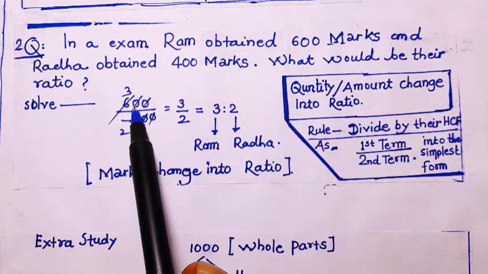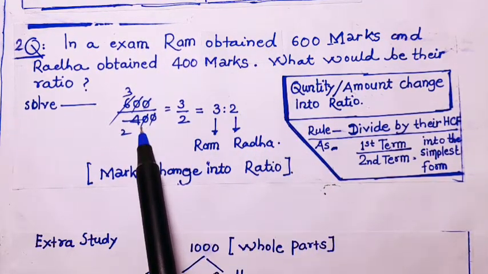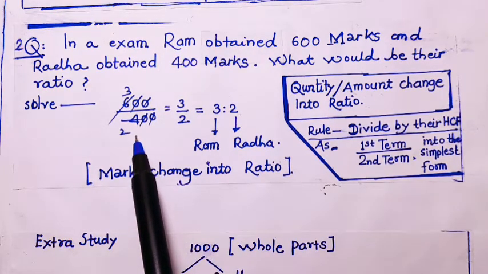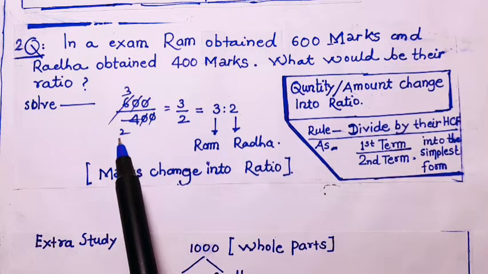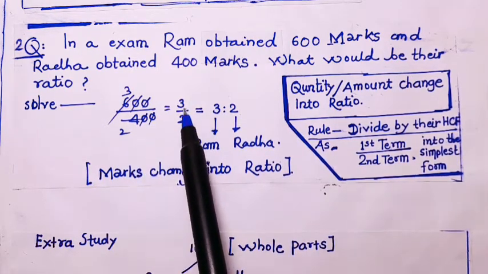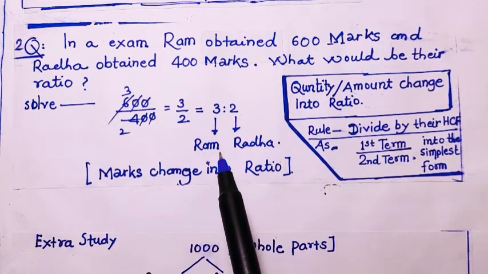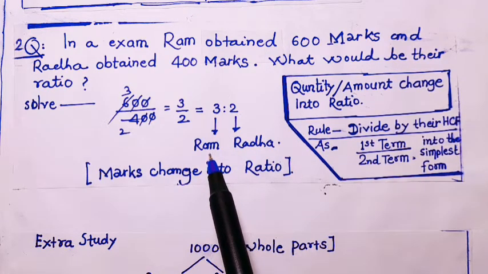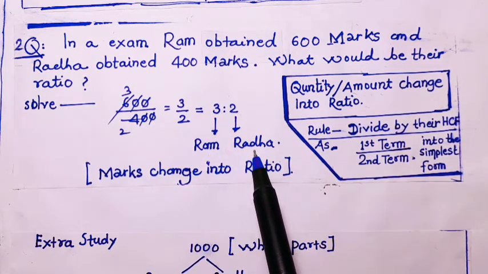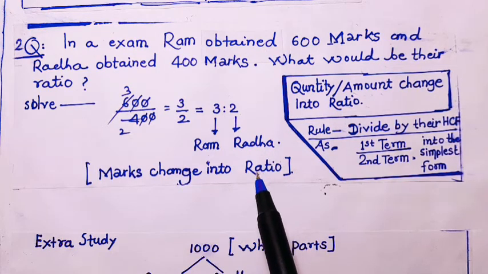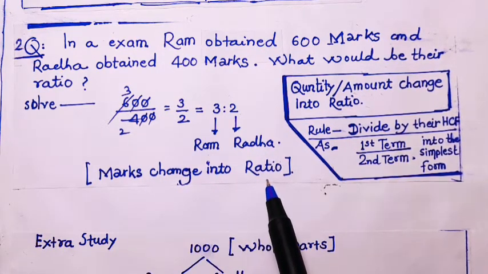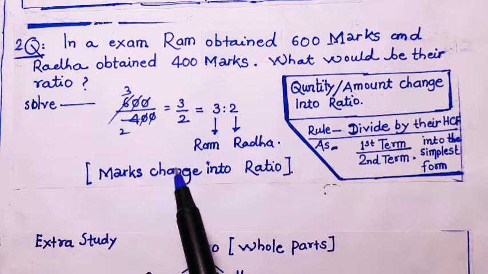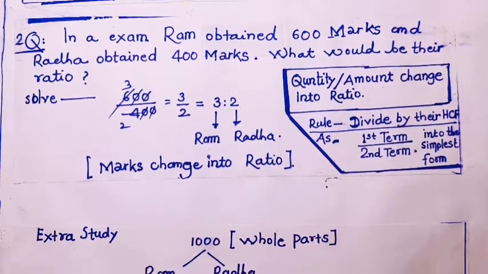So 600 Ram obtained by 400 Radha obtained, and after cancelling these numbers by their HCF, finally we get 3 by 2. So the ratio is 3 to 2, wherein Ram got 3 parts and Radha got 2 parts. Marks change into ratio. Here the marks have been changed into the form of ratio.